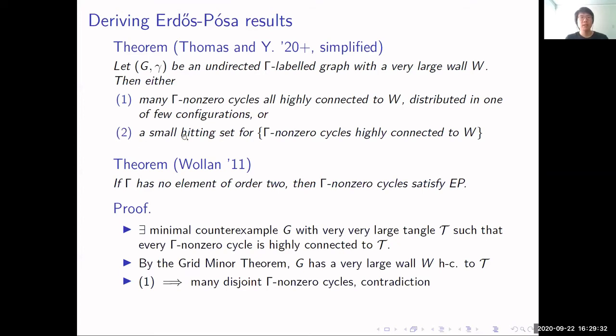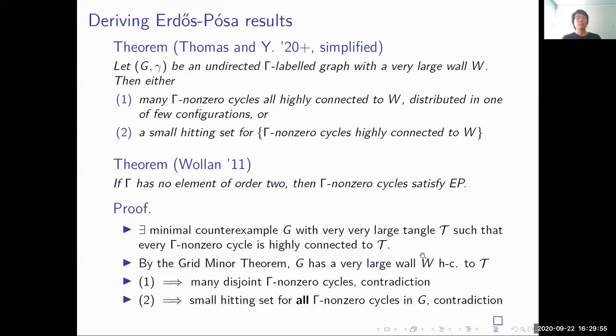The second outcome says there's a small hitting set for all the non-zero cycles in the highly connected part of the wall. But this is exactly what we need, because in this tangle, we're assuming that every non-zero cycle is highly connected to the tangle. So the second outcome actually gives you a hitting set for all non-zero cycles in the graph. It's a very technical condition that every subgraph that we're looking at is highly connected to the tangle, but it is really crucial for proving these kinds of results.